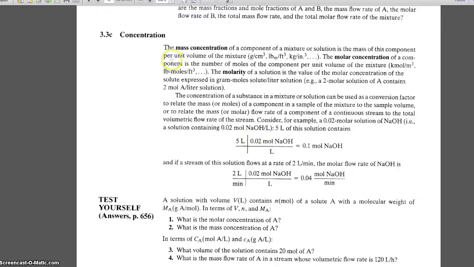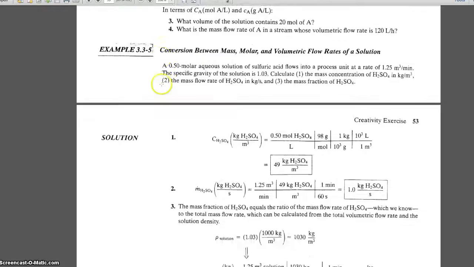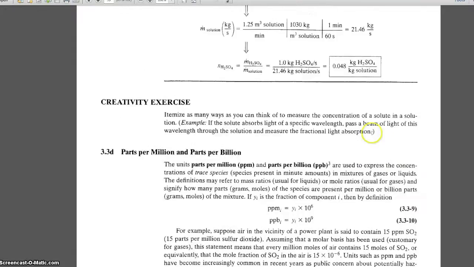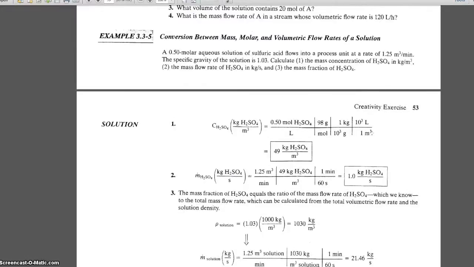Pages 52 and 53 explain about concentration and parts per million, parts per billion respectively, and there are a few examples there too.